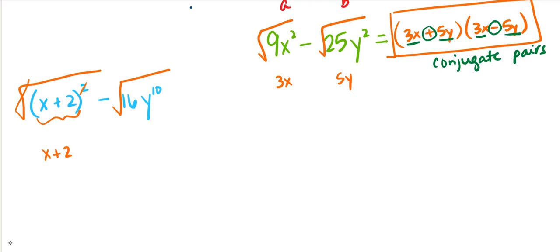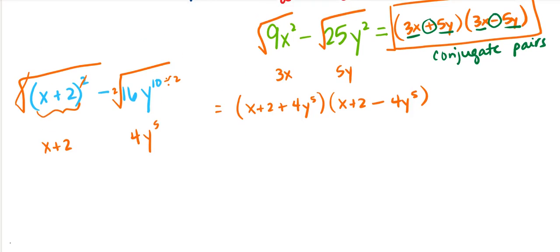When I square root 16y to the 10th, the square root of 16 is 4. We already know that. How do you square root a variable with a power that's not just 2? Since this little index is 2, you divide by that. So that would be y to the 5th. So my answer is going to be parentheses x plus 2 plus 4y to the 5th times x plus 2 minus 4y to the 5th.